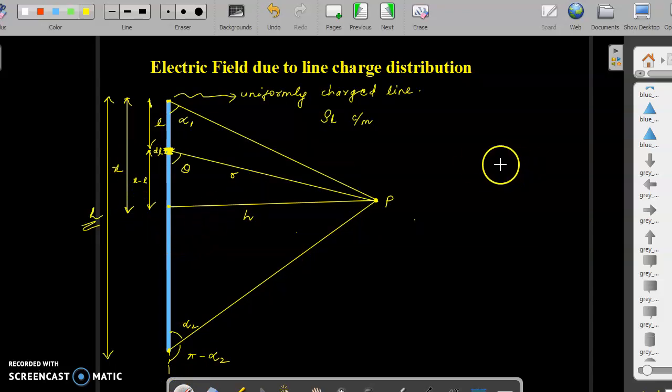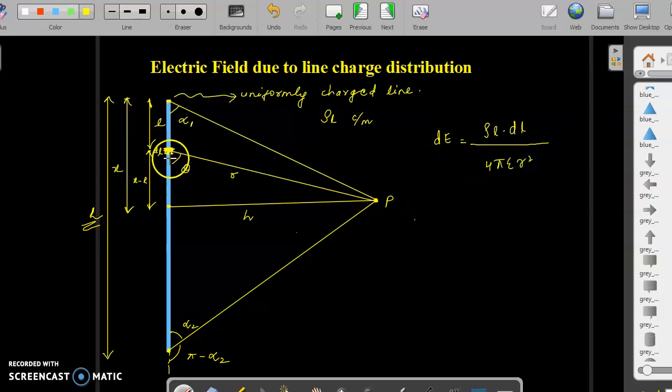So earlier we found that the electric field intensity can be expressed in terms of line charge density, and here I point out the infinitesimally small electric field intensity at point P. Let us represent it as dE. dE is the small electric field intensity due to the small segment dl, which is equal to line charge density times dl, upon 4 pi epsilon r square.